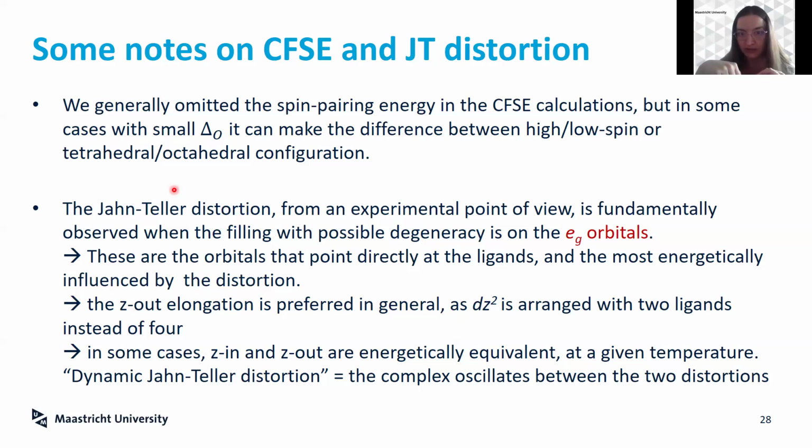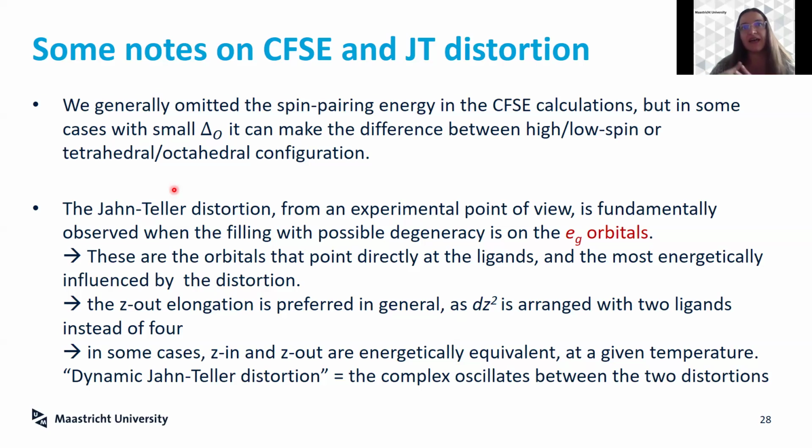If you are distorting in the T2G orbital, which is something that you could consider if you have a lower electron configuration in comparison to D9, this is usually not observed. This is because the energetic of the influence of removing something or putting something further away that is pointing directly at the ligand is massive. We saw before, it's a half in comparison to a third. It will make a lot of difference.